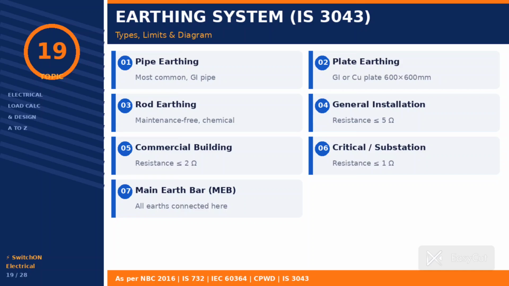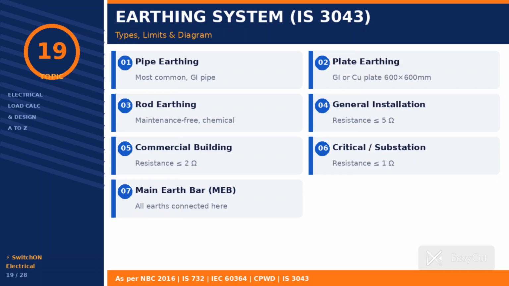But plate earthing is used when we need very less resistance, and if the system is of high voltage. So for high voltage application we use plate earthing. Why? Because you may know that resistance R is equal to rho into L divided by A. We need less resistance, and R and A are inversely proportional.